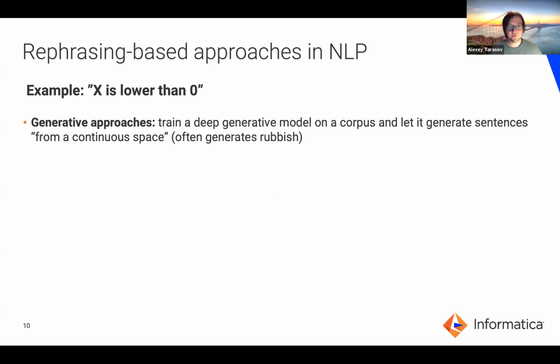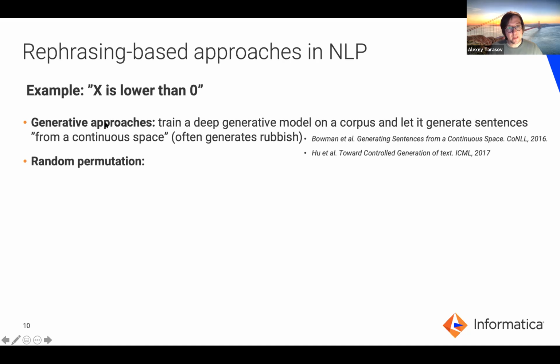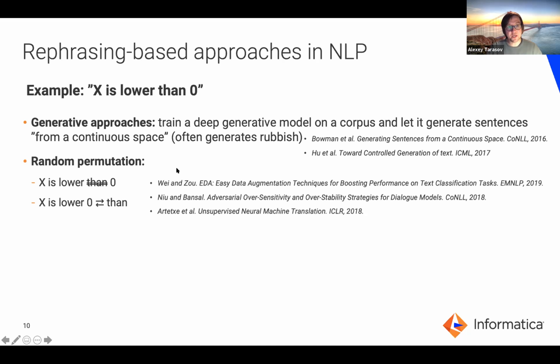But if you want to use them for something real, like actually getting similar data to what you have, not just for laughs, it often generates not really valid sentences. This is true of 2016 and 2017. With the appearance of BERT 3, for instance, it might change, but that's what people think about it right now.